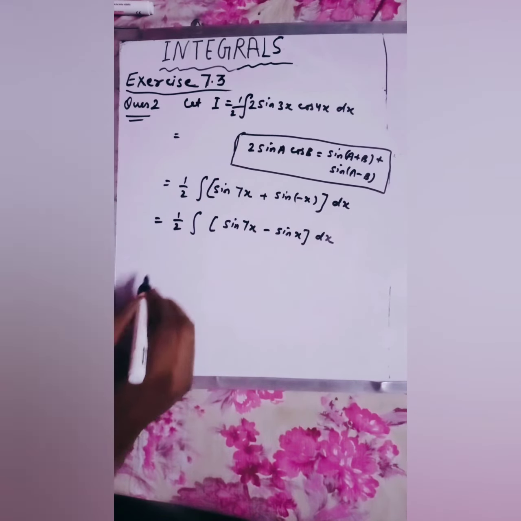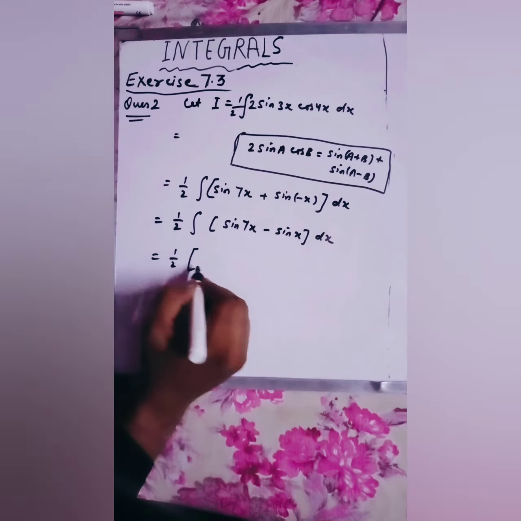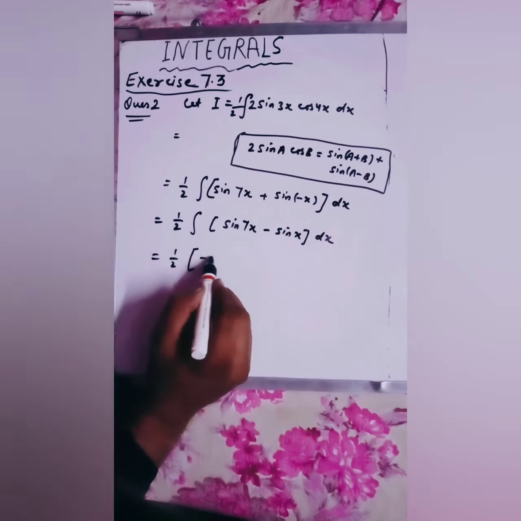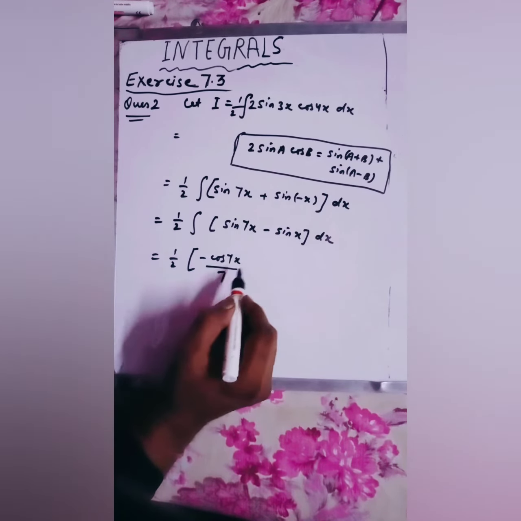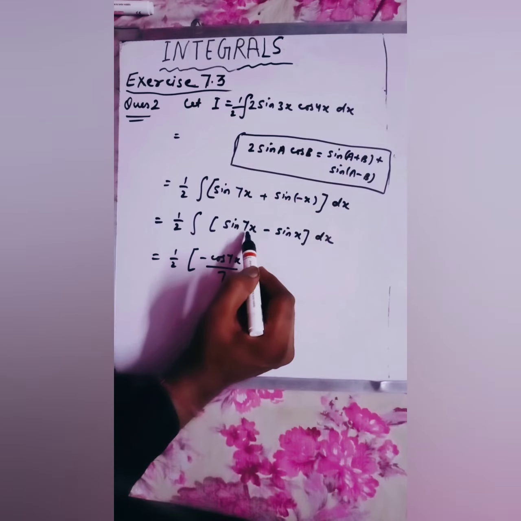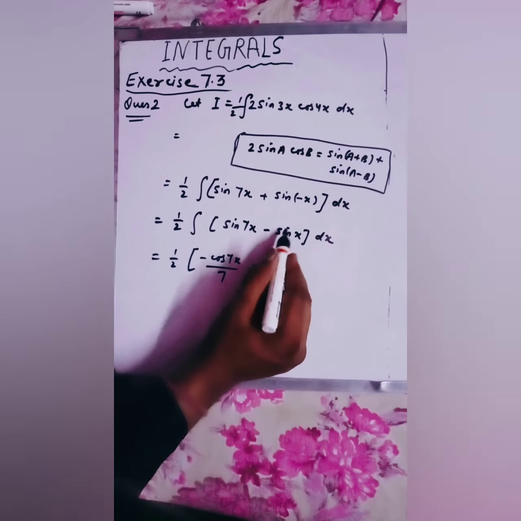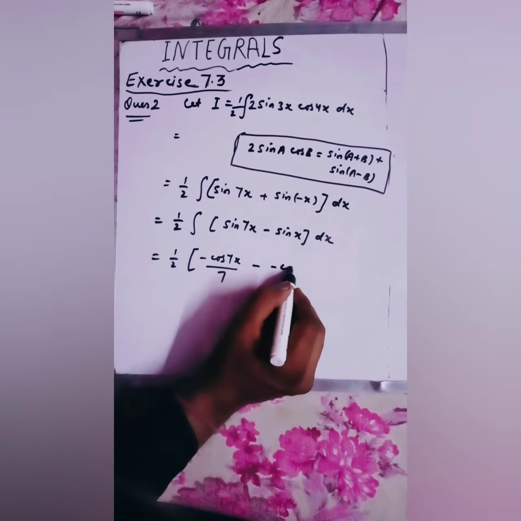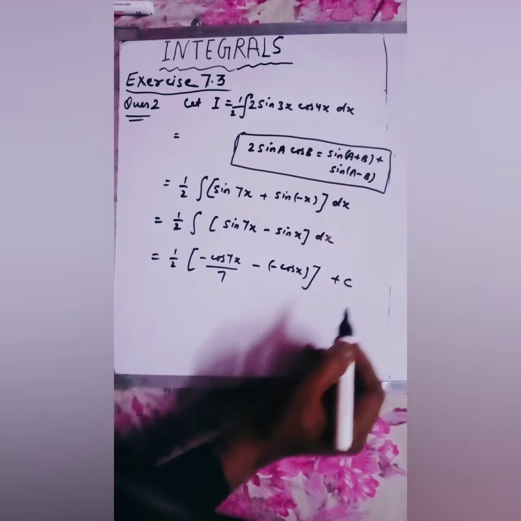That is equal to half. The integral of this will be minus cos 7x upon 7. This 7 comes from differentiating the angle. Minus, and the integral of sin x would be minus cos x, plus c.